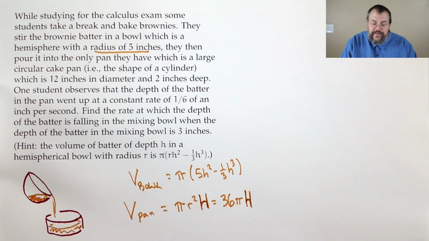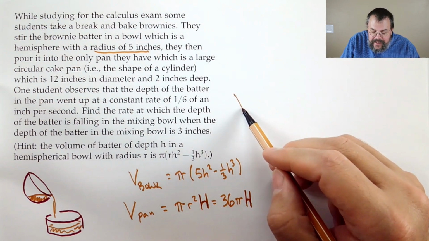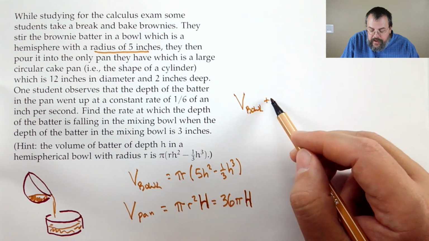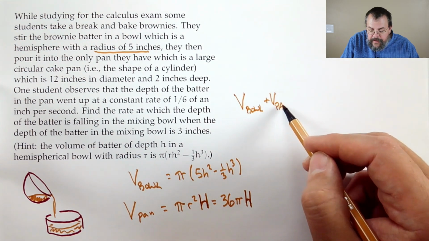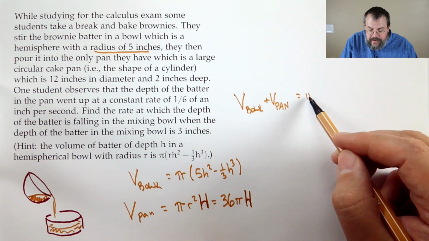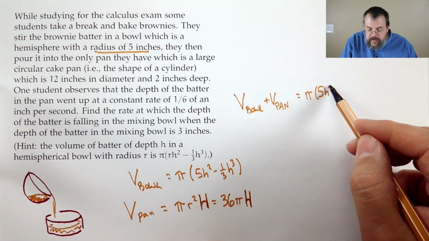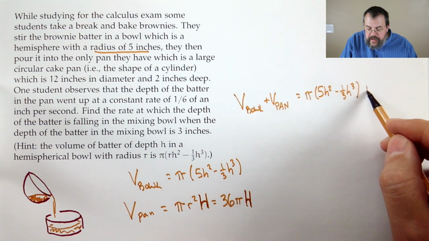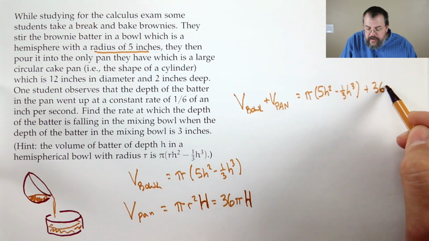But here's sort of the big aha. Suppose I add these two together. So the volume of the bowl plus the volume of the pan. What's true about that? Can you see? There's something nice about that.